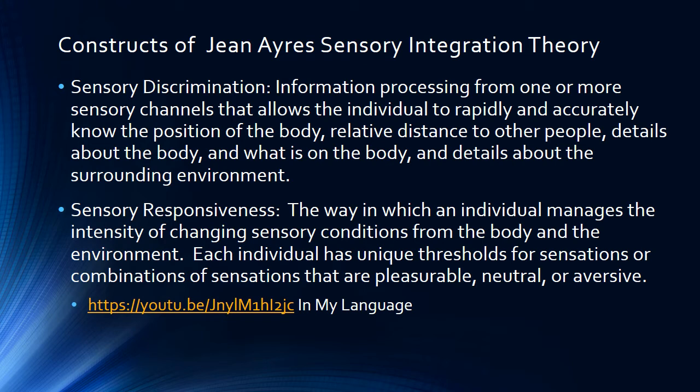So when you think about sensory responsiveness, what is happening in the environment, I might notice and feel like this is kind of a pleasurable or even a neutral stimulus, might be really aversive to someone else if they're highly sensitive to whatever that stimulus is. So some of us are more responsive to sound, some of us to motion or movement. And so it's again that concept that there's different levels of typical that we experience.